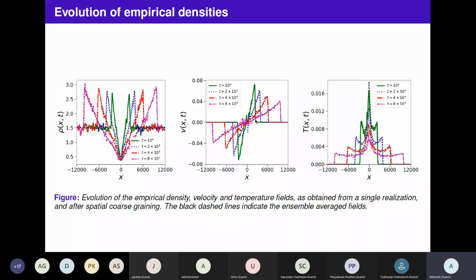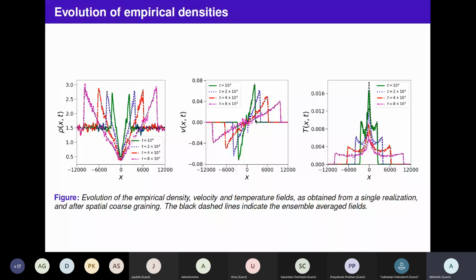At the microscopic level we have a large number of initial conditions. Now one question is, of course, that when we observe a real system, we do not look at ensembles. We just look at one realization of a system. We never observe ensembles. If we look at a single realization, then what one computes is something called an empirical density. And you can ask, does this also match the ensemble average?